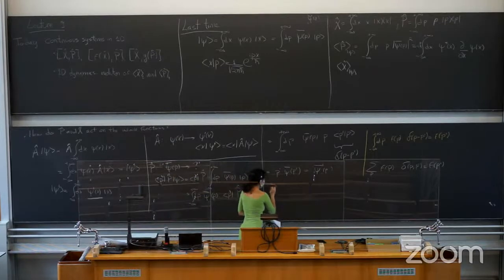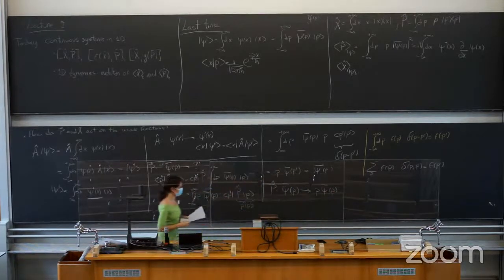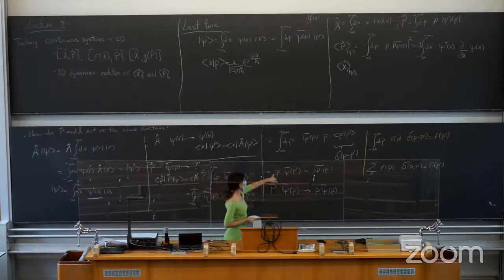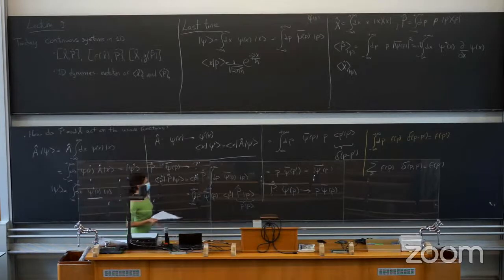If the momentum operator acts on the wave function of p, it takes it to p times this, right? It just multiplies it by p. Good. It has these primes here because I used prime there. Okay.